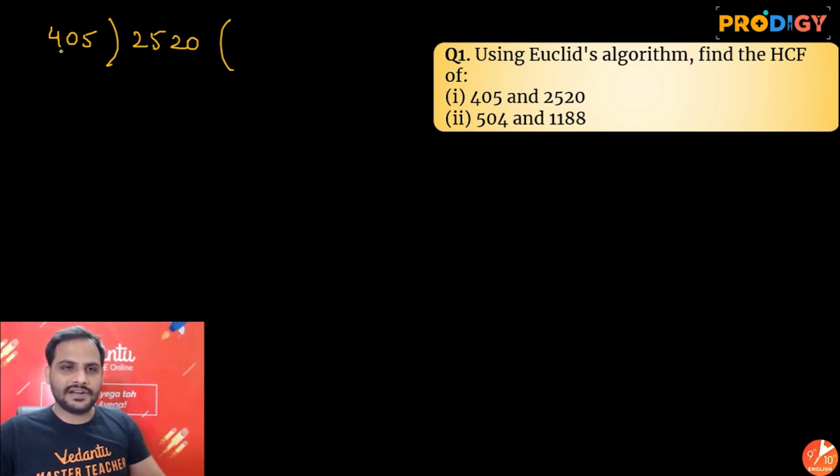Obviously, I have to multiply it by 5 times. So 405 into 5 will be equal to 2025. If I subtract them, I will get 495.